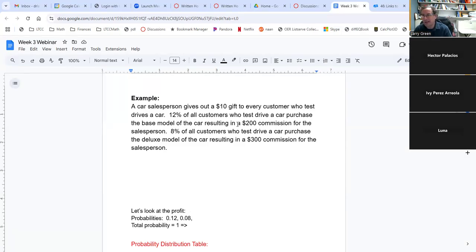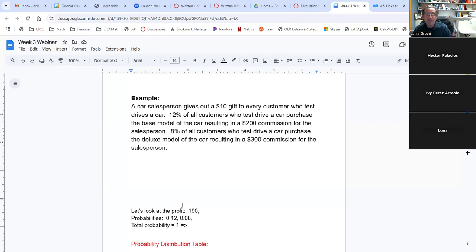That's the commission, but not the profit. Okay, the idea is they had to give the $10 gift. If you have to give a $10 gift but then you made $200 for commission, then it's $200 minus $10, which would be $190. Any questions on that? Is that clear that that's the profit in this case? So it's very important you read the question right.